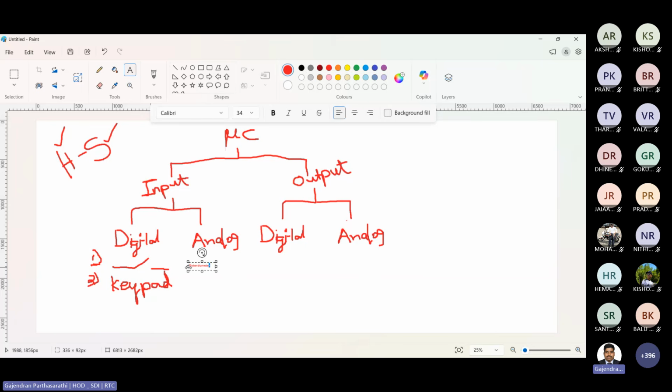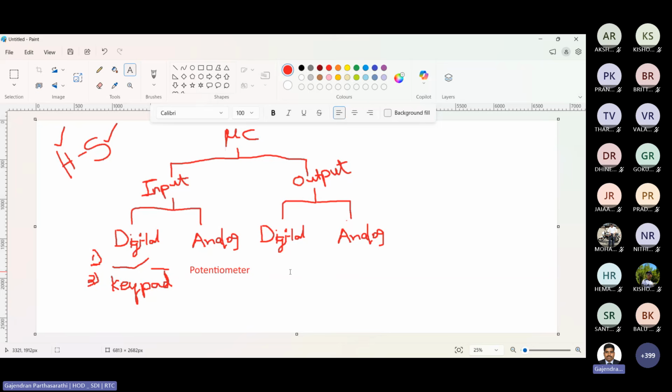Any other analog devices can you quote? Potentiometer is one. Very good. Any other analog input devices?